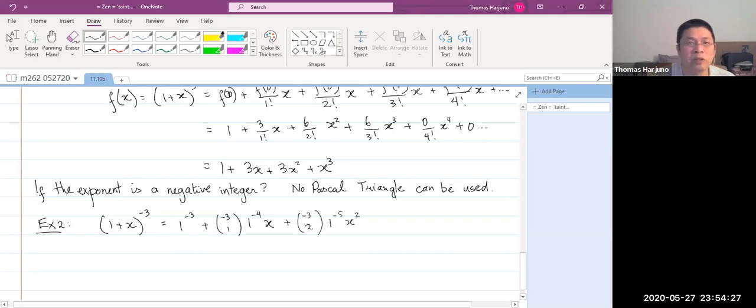Notice that the exponents still add up to negative 3. But then it means this 1 to the negative 5 here will never go down to 0.